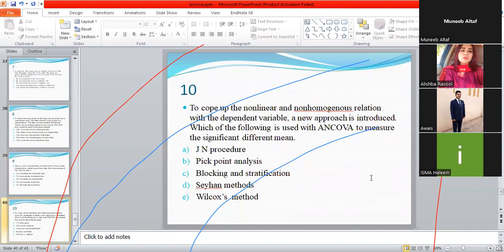Question number 10. To cope with nonlinear and non-homogeneous relation with the dependent variable, a new approach is introduced. Which of the following is used with ANCOVA to measure the significant difference of means? JN precision, peak point analysis, blocking and stratification, Sehorn's method, and Wilcox method.